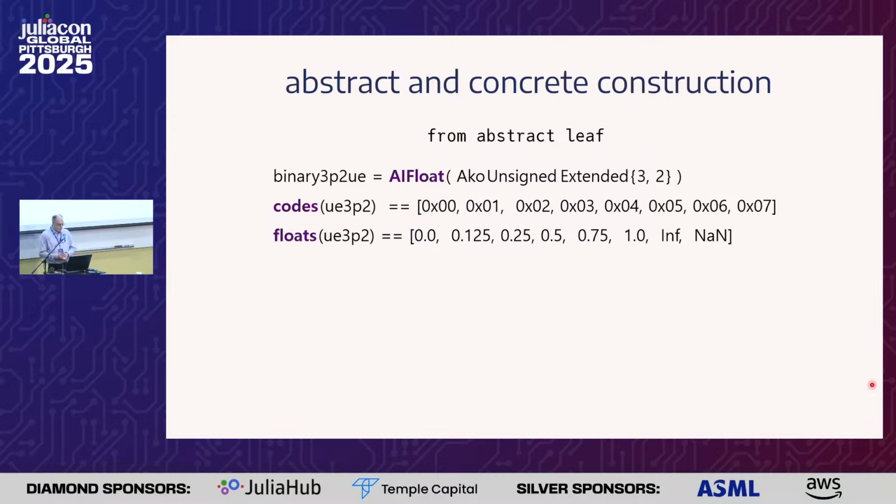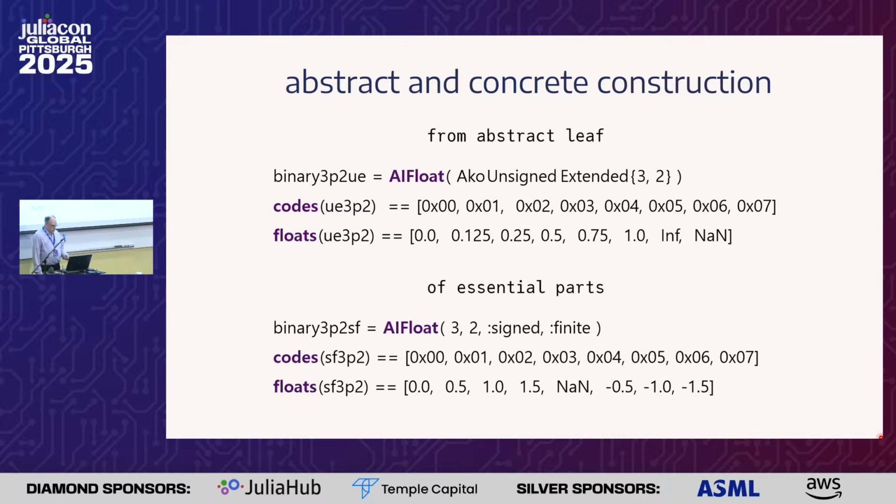So from any abstract leaf, we can construct the float per se. And I use AIFloat as our generic interface. With the abstractions, you just put in the leaf abstraction and you will get back the encoding and the float values that match each encoded value.